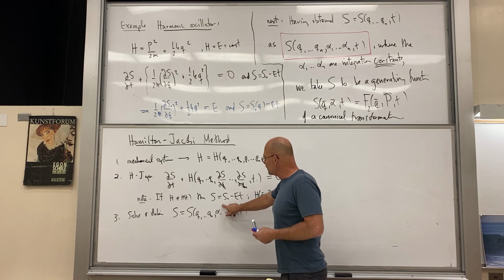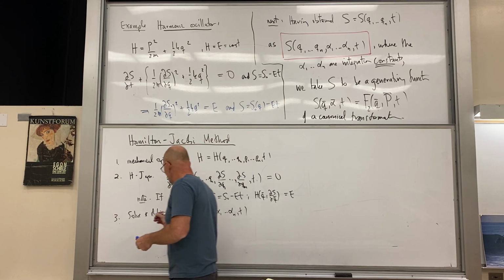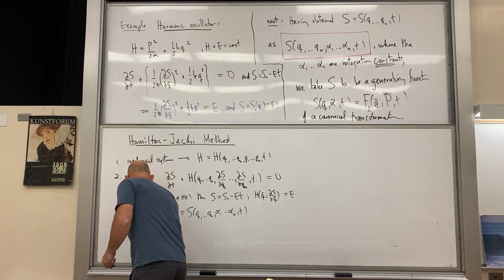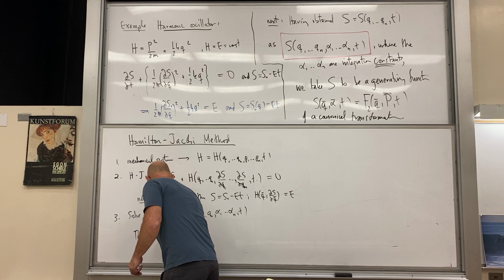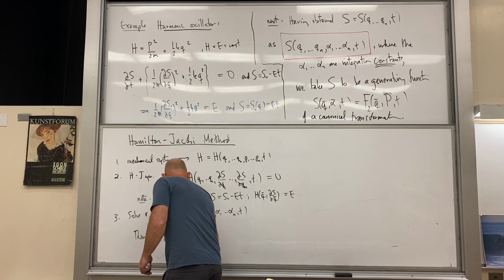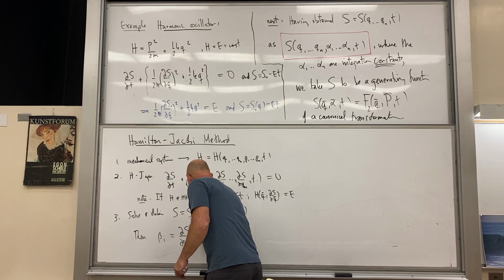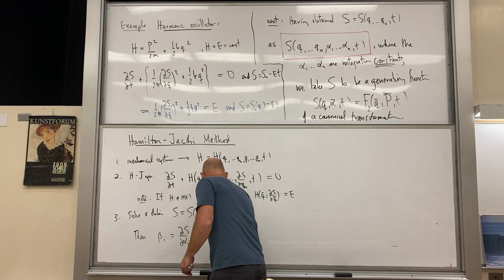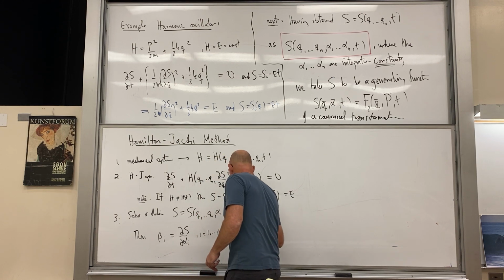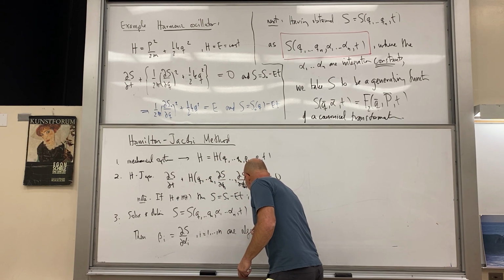But if you find this, then beta sub i equals ∂S/∂alpha sub i, for i equals 1 to n, are algebraic equations.